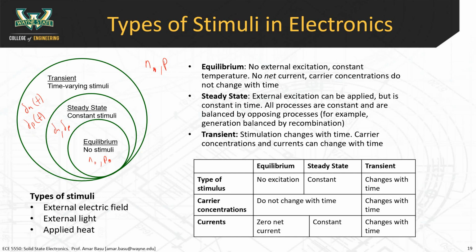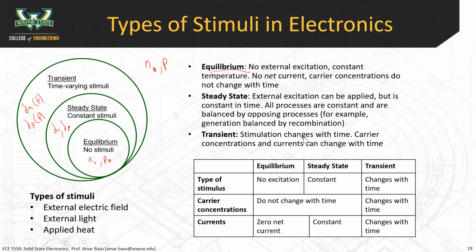The rules for these three types of stimulus: at equilibrium, there's no external excitation and we're at constant temperature, so there's no net current and carrier concentrations don't change with time. In the steady state case, you're applying an external stimulus, but it's constant in time.